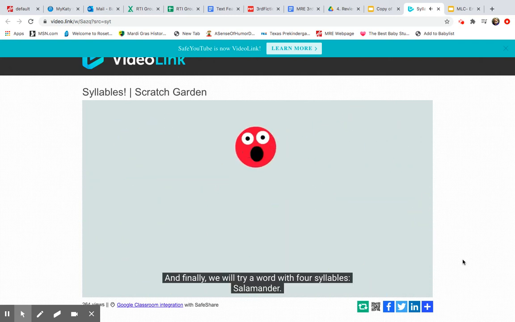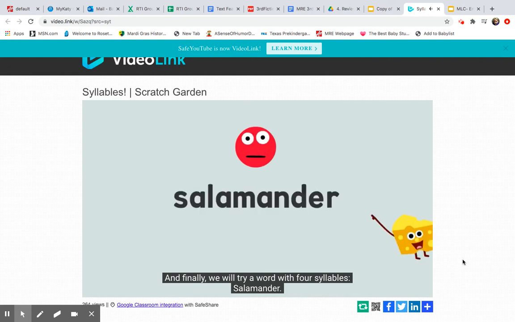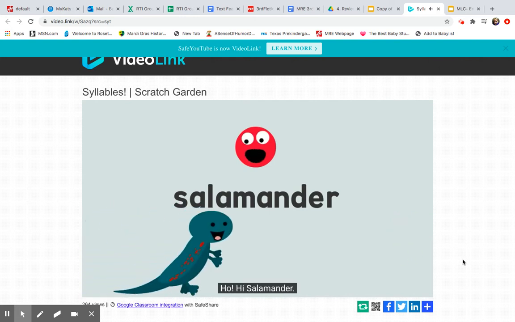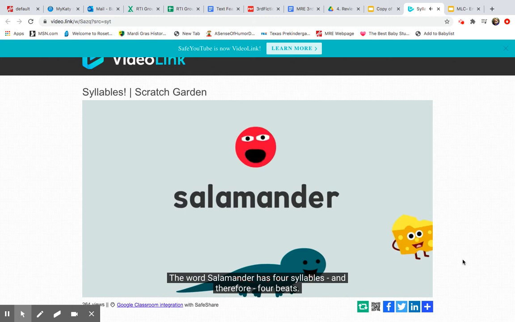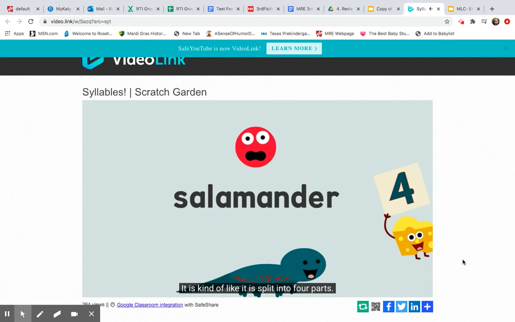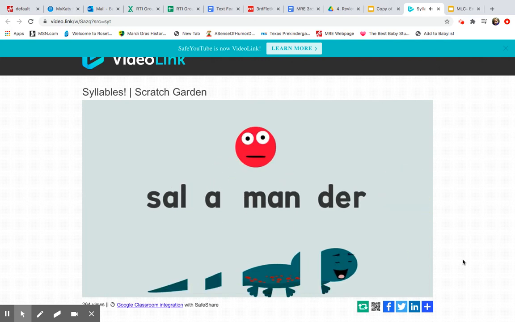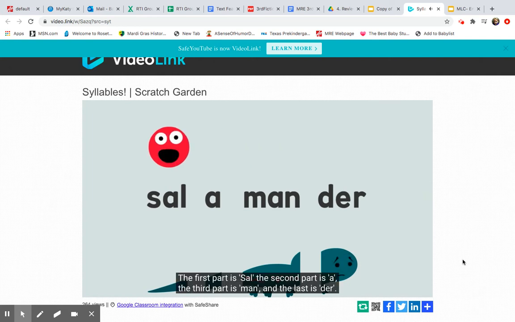And finally, we try a word with 4 syllables. Salamander. Salamander. Salamander. Salamander. It's a salamander! Oh, hi, salamander. The word salamander has 4 syllables and therefore 4 beats. It's kind of like it is split into 4 parts. Ow. The first part is sal. The second part is a. The third part is man. And the last is der.